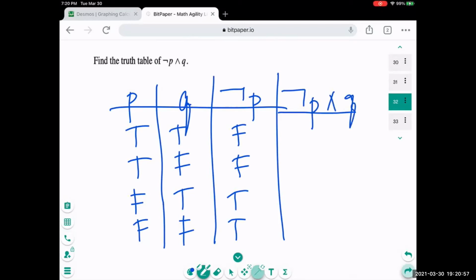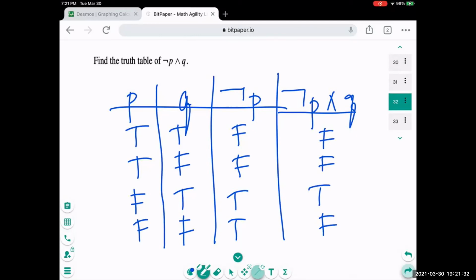So sinabi natin pag conjunction, we're like multiplying, right? So F and T, F na agad. F and F, F na rin. And then T and T would be true. T and F would be F, because parang nag-multiply tayo ng 1 and 0. So magto-true lang siya kapag parehas na true, right?